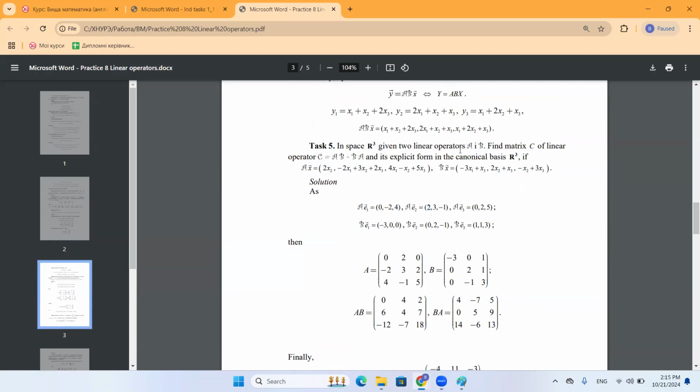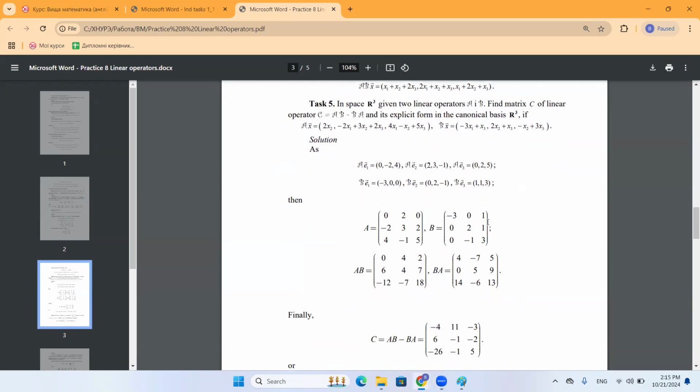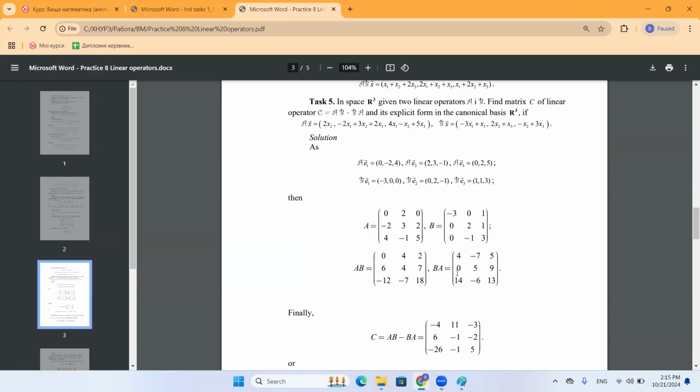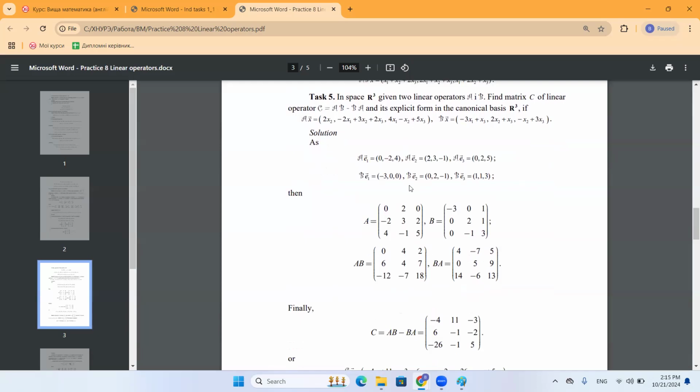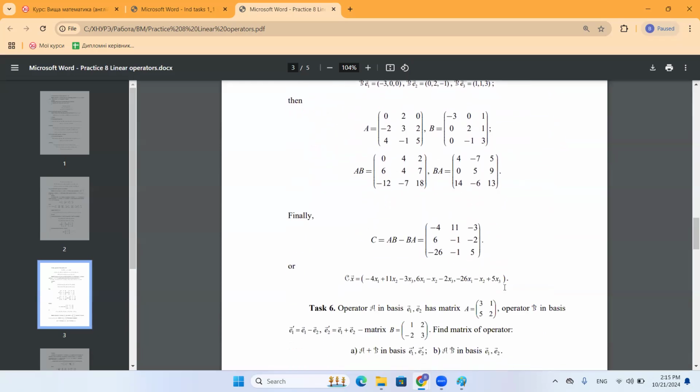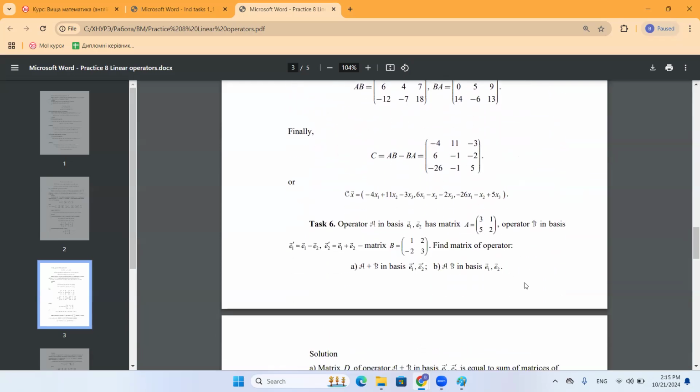Task 5 is actually almost the same, but you need to do more actions. We have to find the product AB and then BA, and after that subtract these operators, and then do what we did before.